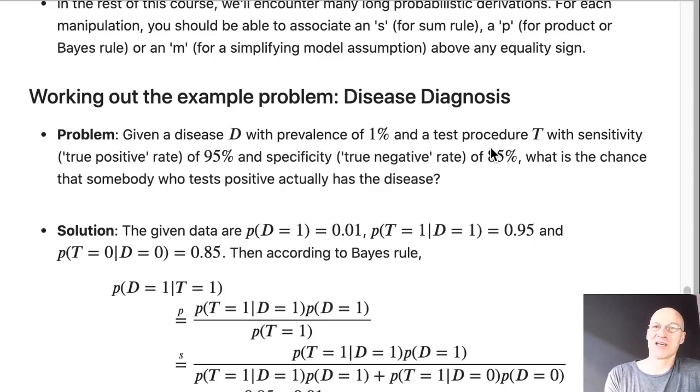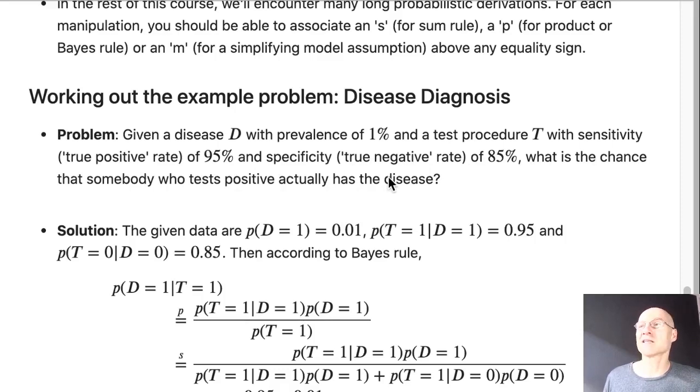So this is a good test procedure: 95% of the time that somebody has the disease the test confirms it, and in 85% of the cases that somebody does not have the disease, the test also confirms that. But I want to know now, what is the chance that somebody who tests positive actually has the disease?